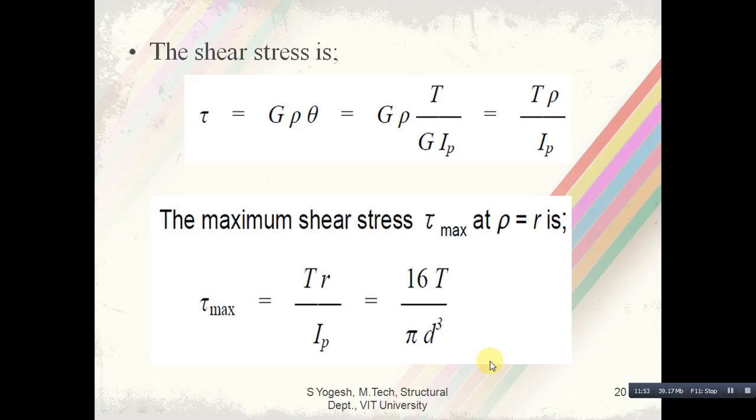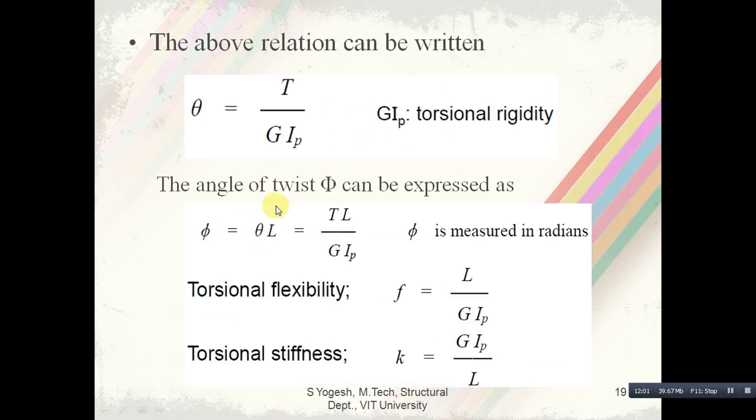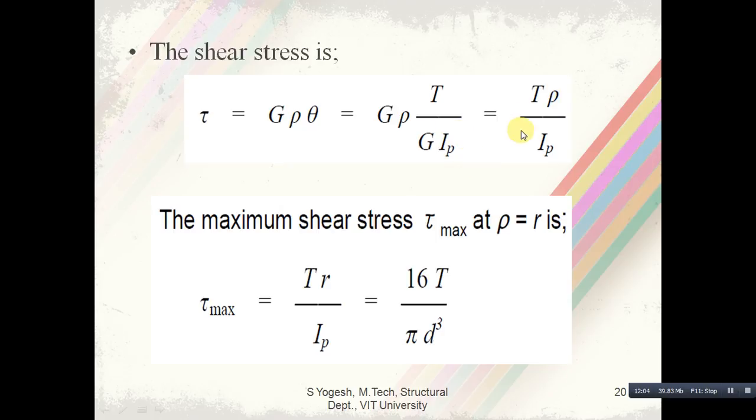So the shear stress tau is equal to G theta rho, and we know the value of theta, so putting it in this, we get T rho by Ip. The maximum shear stress tau max at rho equal to R is tau max equal to T R by Ip, equal to 16 T by pi d cube.